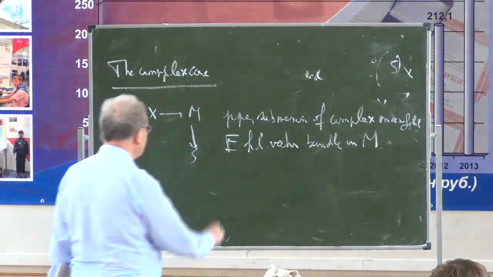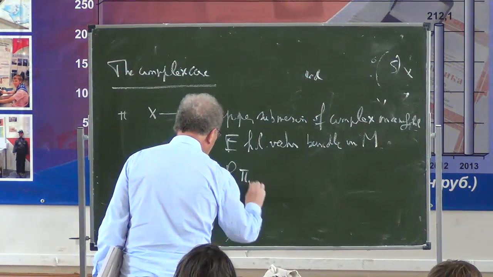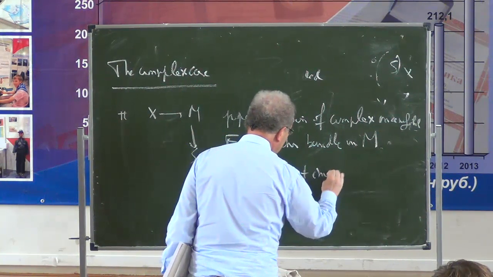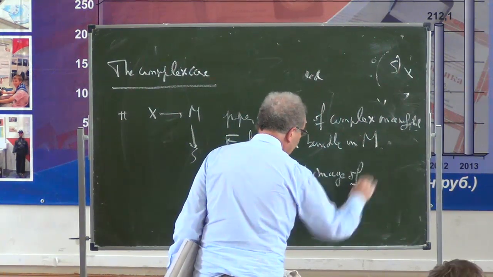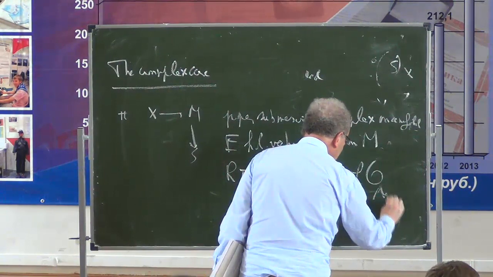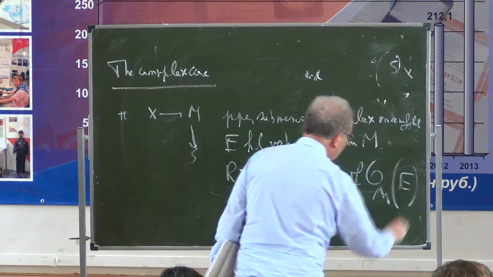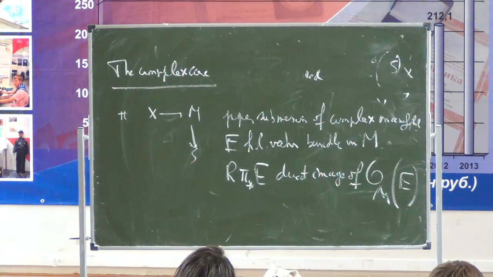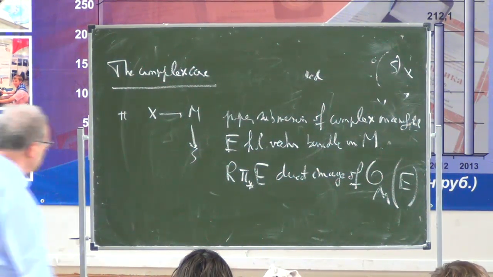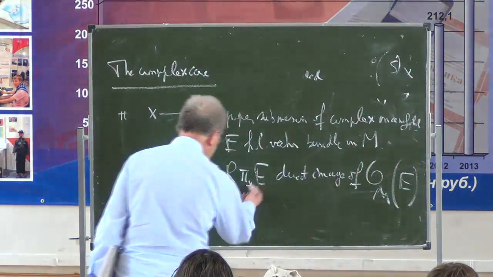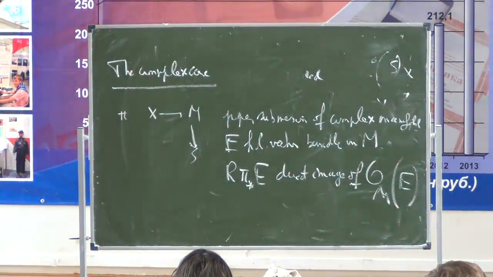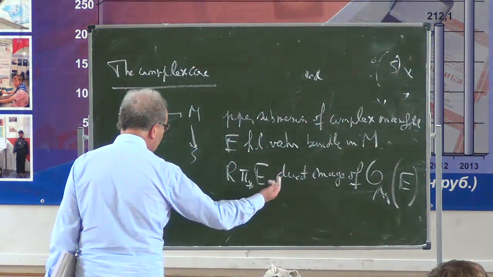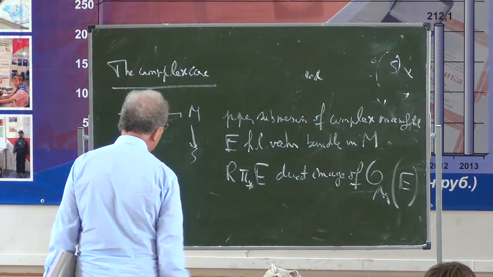So let R pi star of E be the direct image of the sheaf OM of E, in other words, of the sheaf of holomorphic sections of E. I don't know if you know what direct images are, but maybe the simplest case is to assume that there is no cohomology except in degree 0 in the fibers.